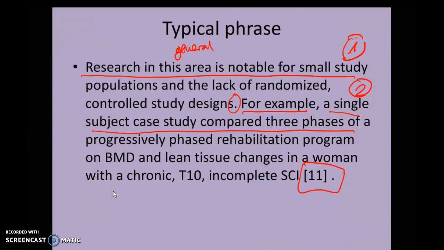So if I have a large randomized control trial with 500 participants versus 1 case study, my results will weigh differently in the eyes of scientists and academics.